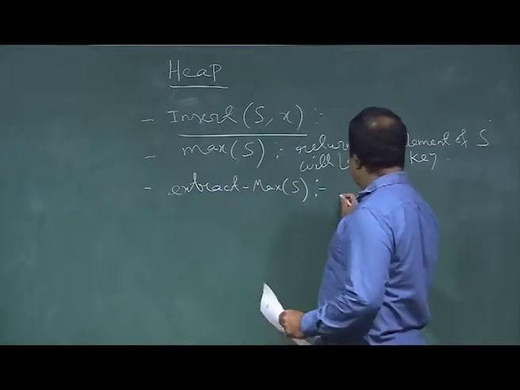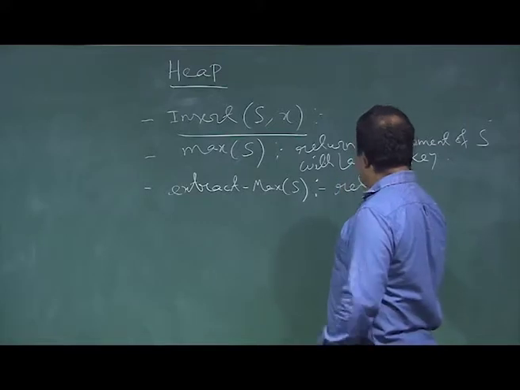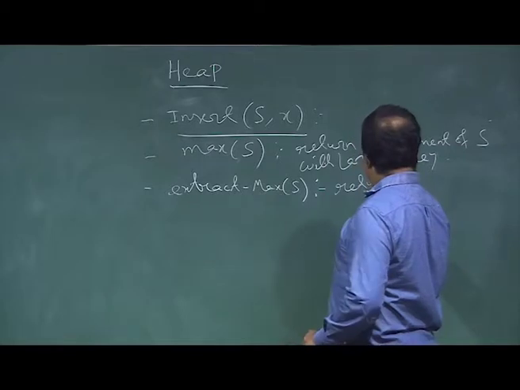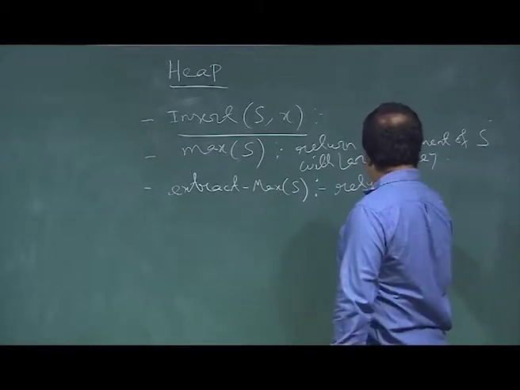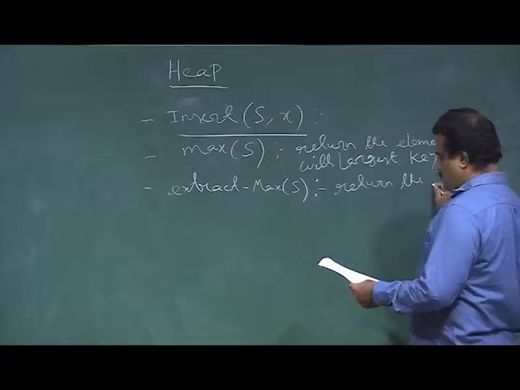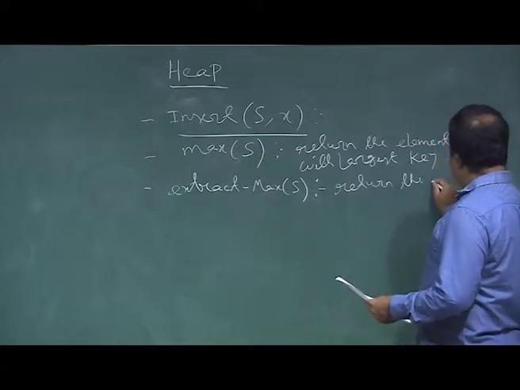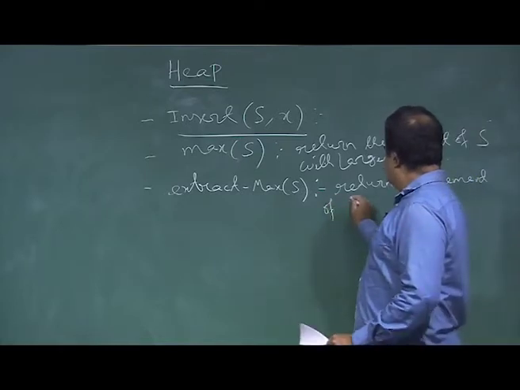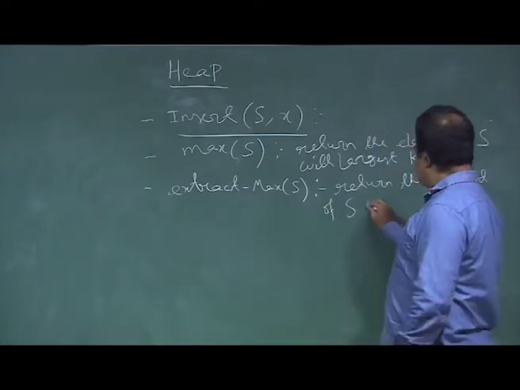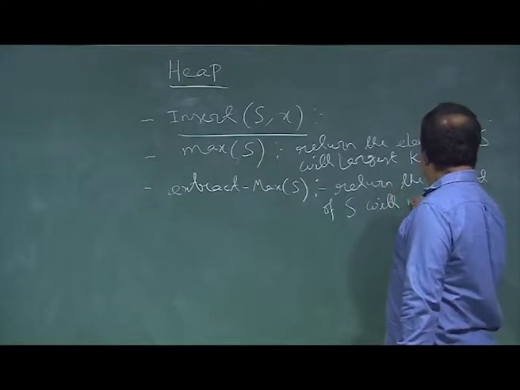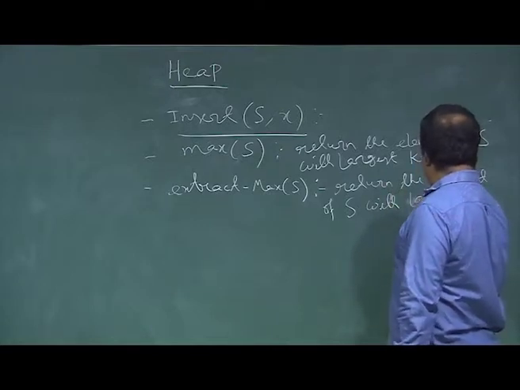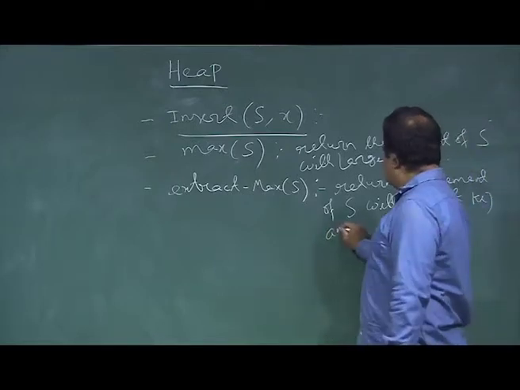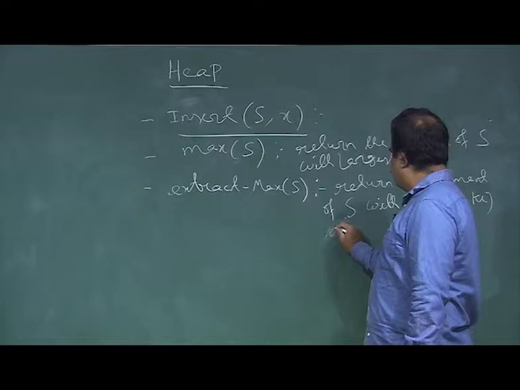It is telling us we should return the maximum and delete it from the queue, delete it from S. We should return the element of S with the largest key value, and remove it from S. That is also important.